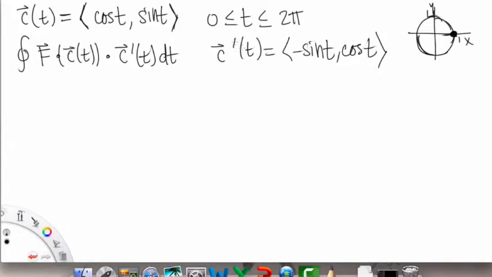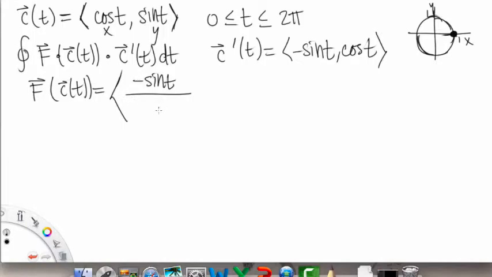And then let's find what f of c of t is. So f, that was a negative y, so negative y in this case, this is x and this is our y, so negative y is now negative sine t over x squared plus y squared.